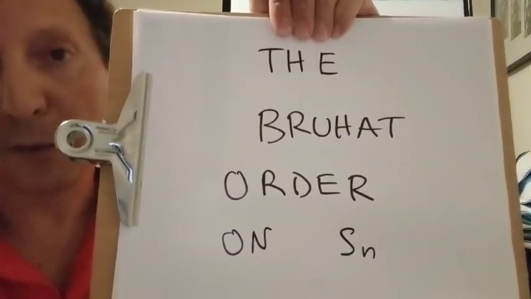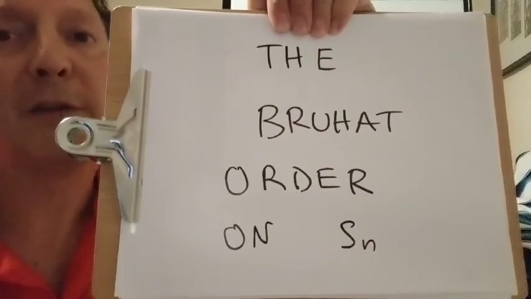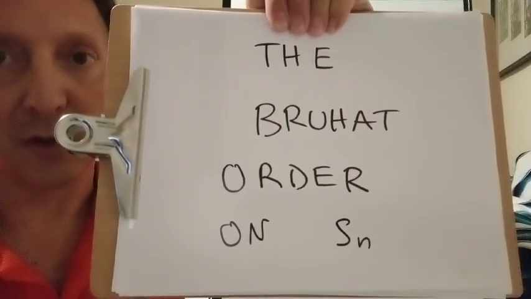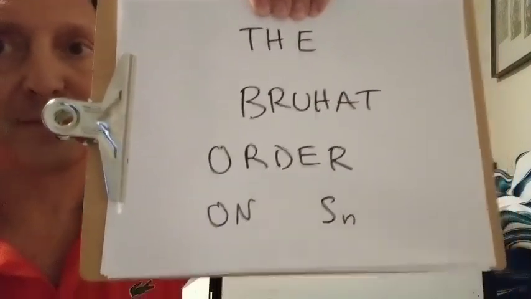Another partial order on the symmetric group, which is very closely related to inversions, is called the Bruhat order.